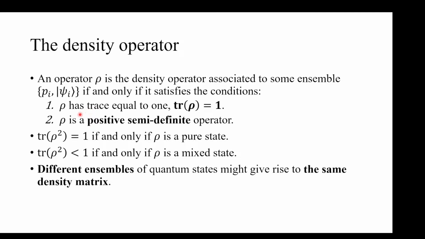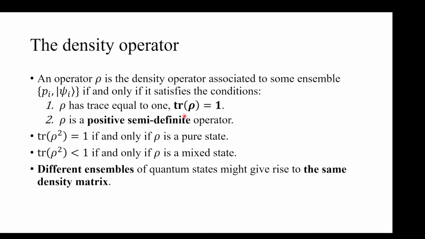First, rho has trace 1. This is like a probability; it is related to the norm squared of our state vector being equal to 1. So trace of rho equals 1. And second is that rho should be a positive semi-definite matrix.